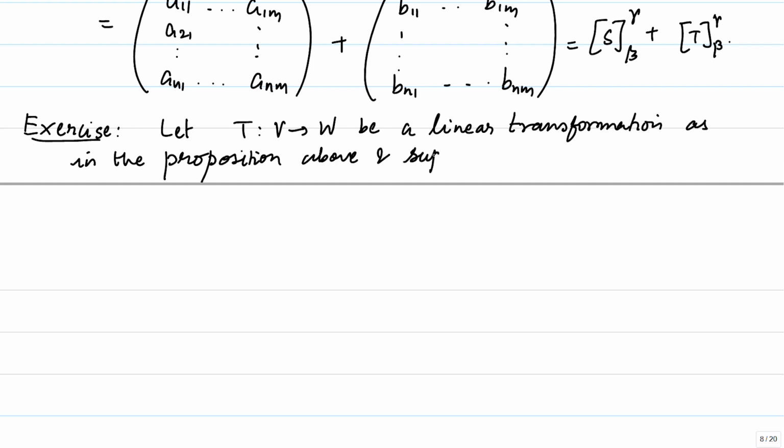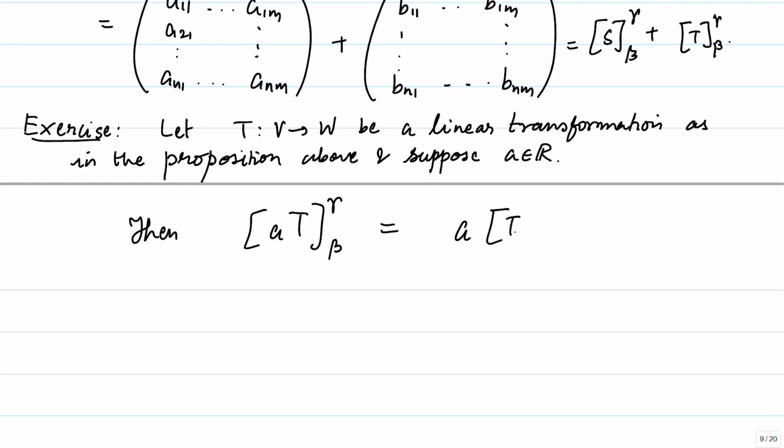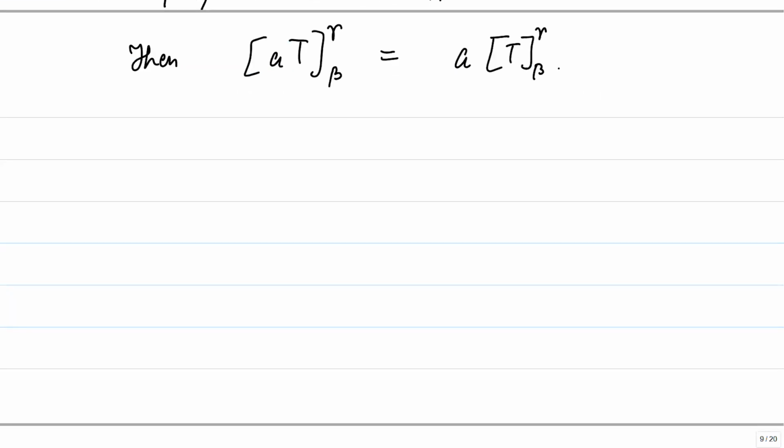And suppose A is a real number, then the matrix of A T with respect to beta and gamma will turn out to be A times the matrix of T with respect to beta gamma. I will leave this as an exercise for you to check. The proof runs in a similar flavor, and I would strongly advise you to work out the details.